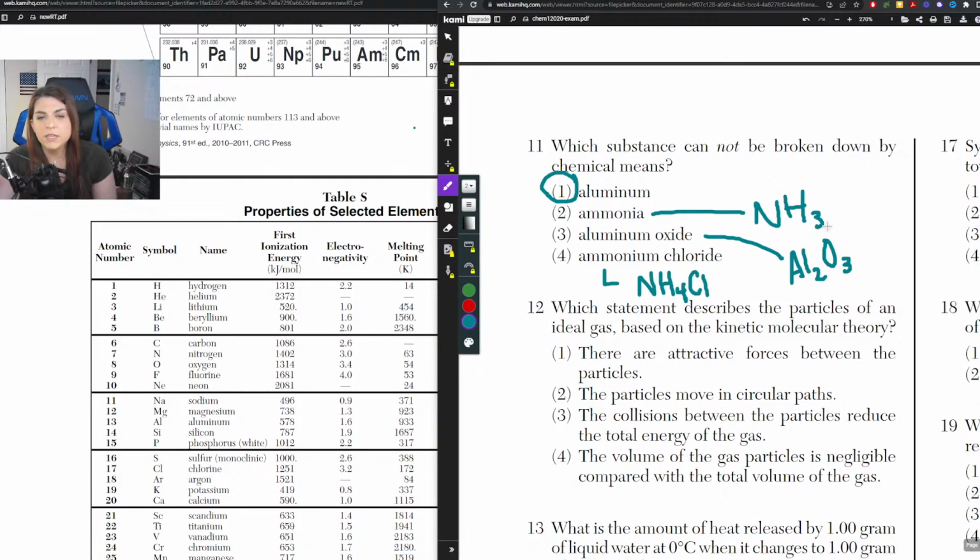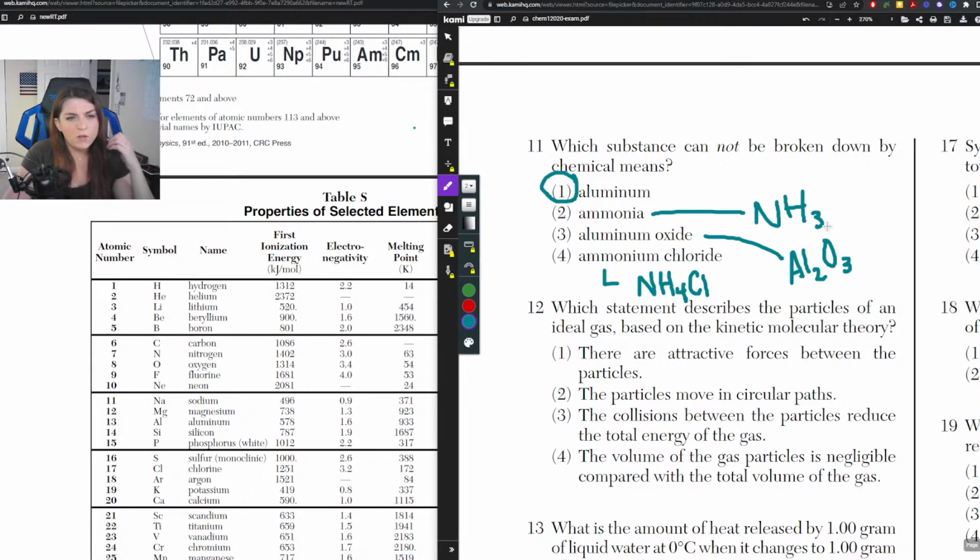And if you look at all of these, they have 2 capital letters or more in their formulas. And that means that they are compounds. 2 capital letters would indicate that you are working with at least 2 elements. And if you have more than 1 element, then you have to, at minimum, be a compound, though you could be a mixture.